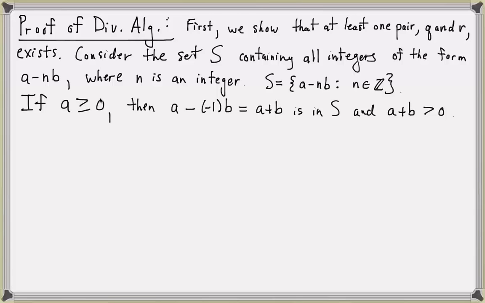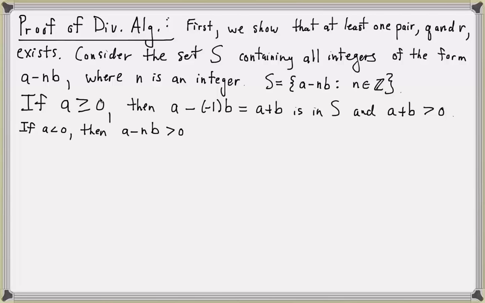But if A is negative, then A minus nB will eventually be positive if I choose a large negative integer n, because remember, B is positive. So if I plug in a large negative number for n, then A minus n times B will be positive.